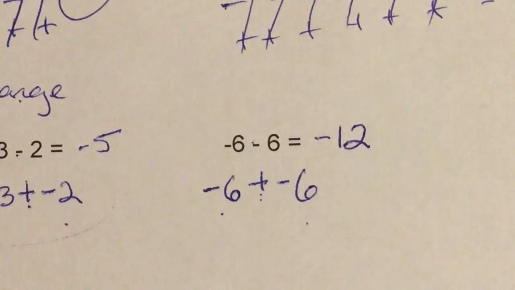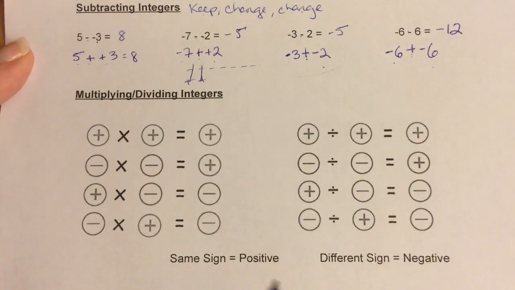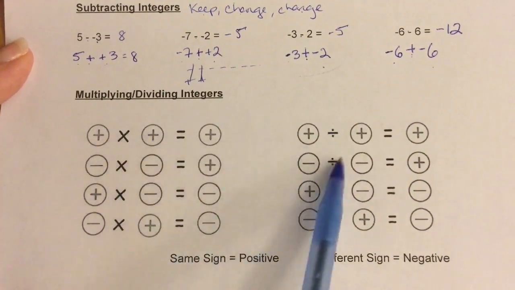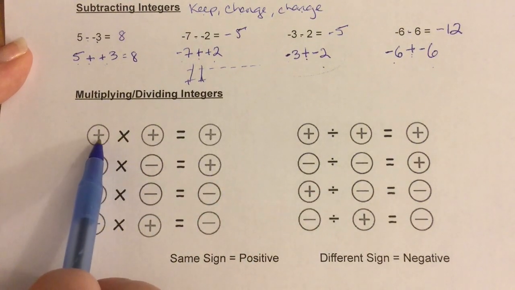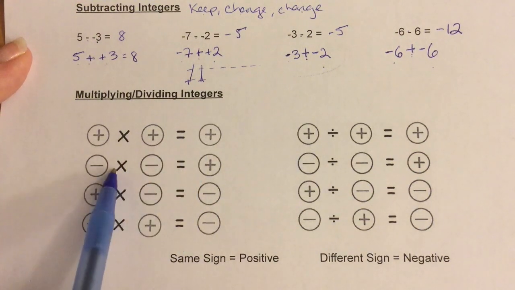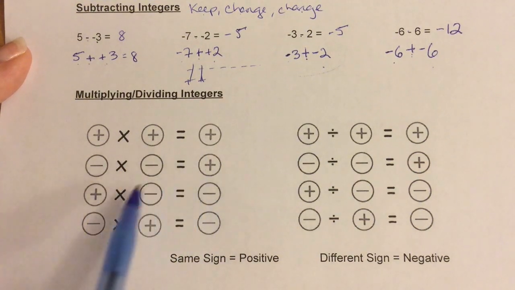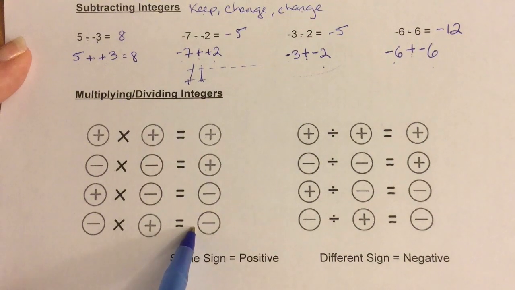Now there's only one more rule you need to learn, and that is the same for both multiplying and dividing. If you multiply positive times a positive, it's positive. Negative times a negative is a positive. If you have half and half, a positive times a negative, it gives you a negative, and a negative times a positive gives you a negative.